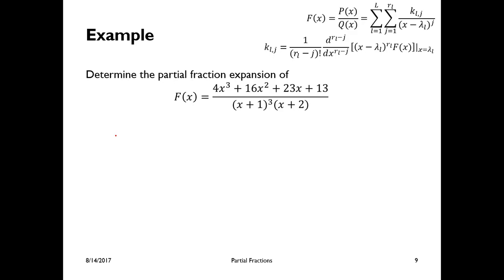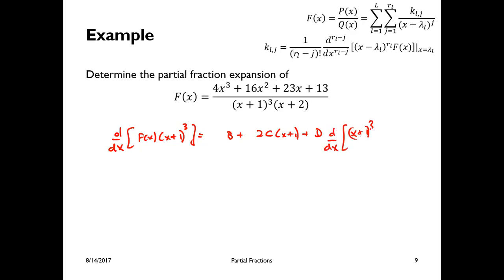So again I'm going to take as my starting point d by dx of f of x times x plus 1 cubed. And so this is going to be B plus 2 times C times x plus 1 plus D times the derivative of x plus 1 cubed over x plus 2.